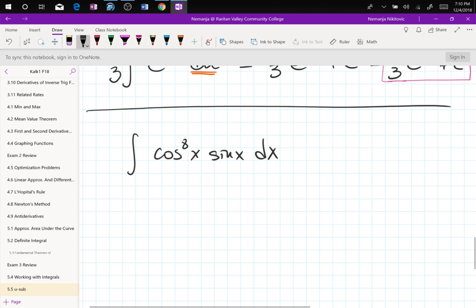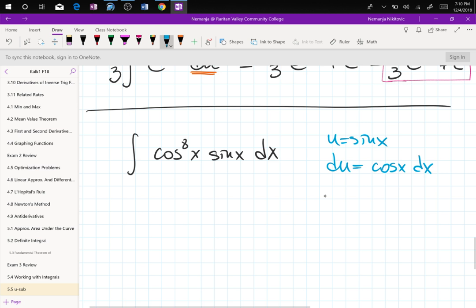So now what? I get it. What happened? U is sine x, and then du is the derivative of sine, which is cosine x, and we put dx.